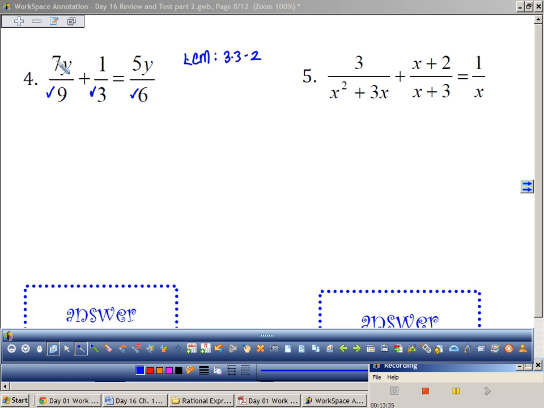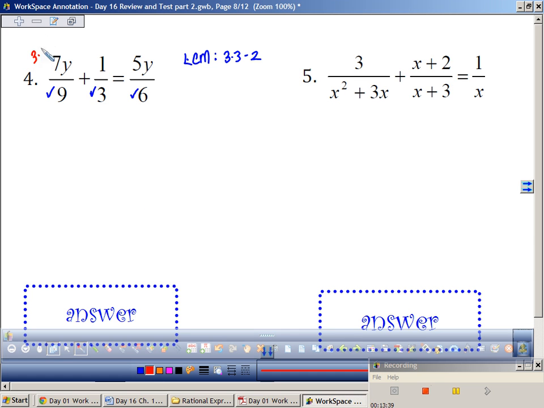Do it. All right, so if I multiply both sides, everybody by 3 times 3 times 2, what cancels here? 3 and 3. 3 and 3 and 9.